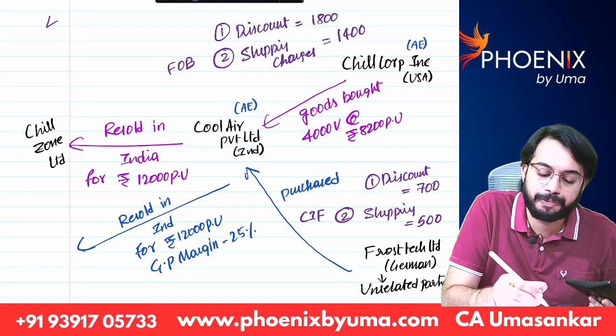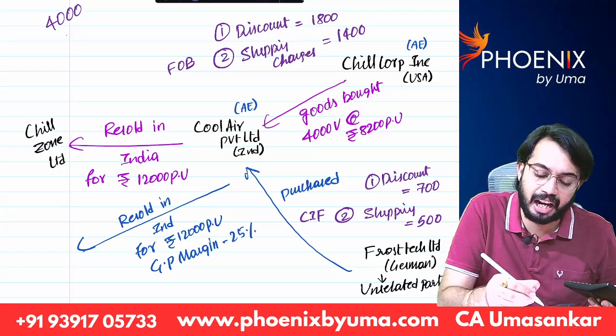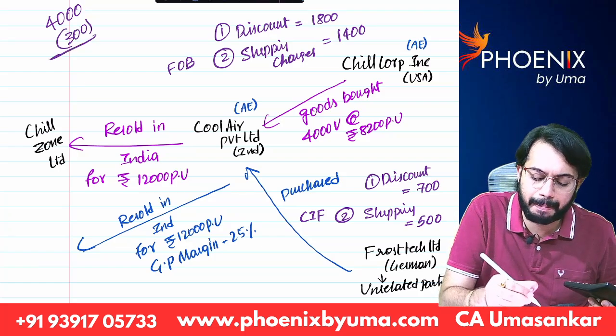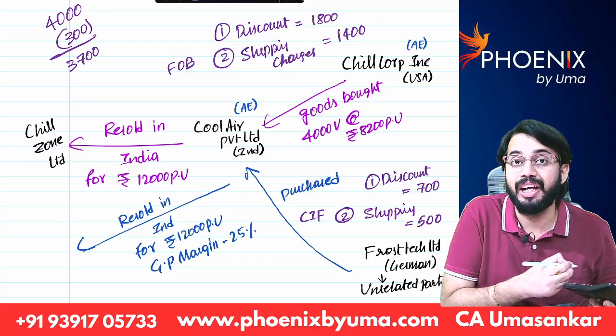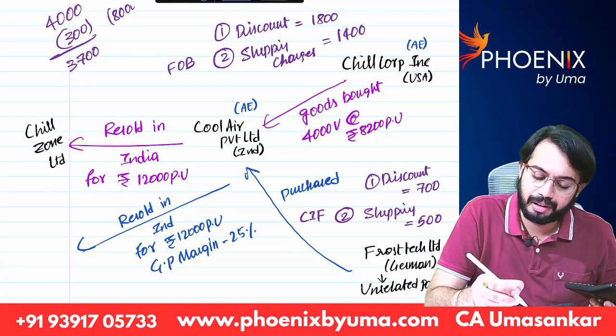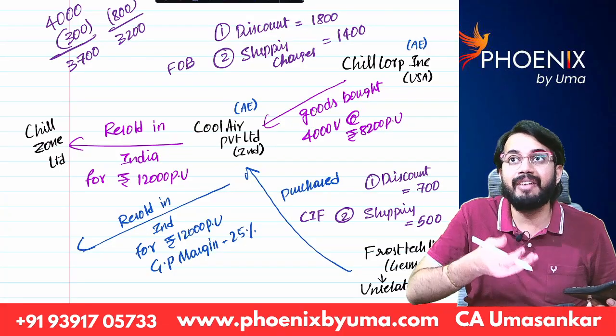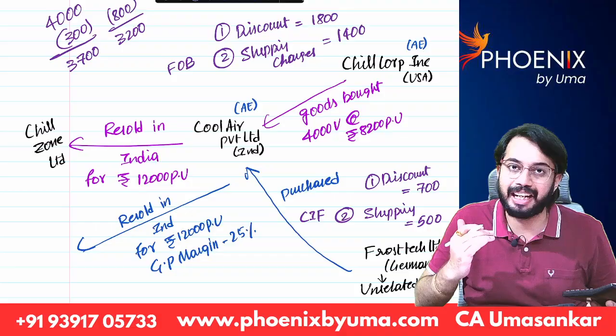Let's say the price is 4,000 rupees. Discount is 300. When discount is 300, my price is 3,700. If the discount is 800, then the price will be 3,200.